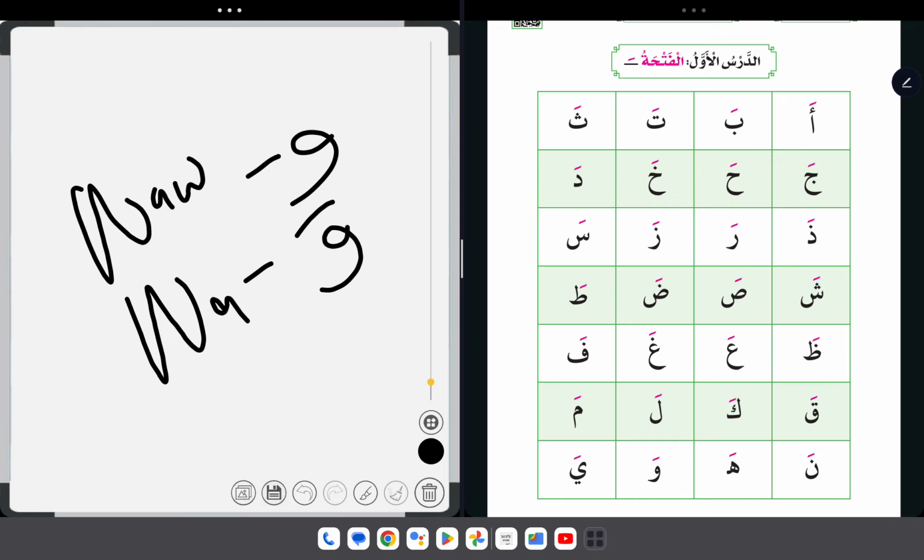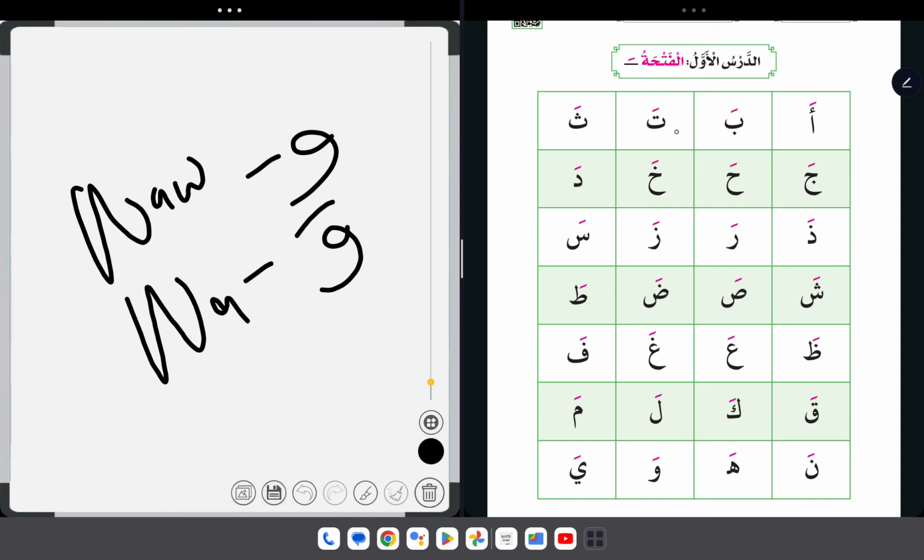Is this clear? There is a traditional way of reading which involves saying the letter and the vowel it takes, then saying the sound. But we don't want to do that. For example, say Hamza fatha, a; ba fatha, ba; ta fatha, ta; tha fatha, tha. But that's not needed because we already perfected the names of the letters in the foundation class.